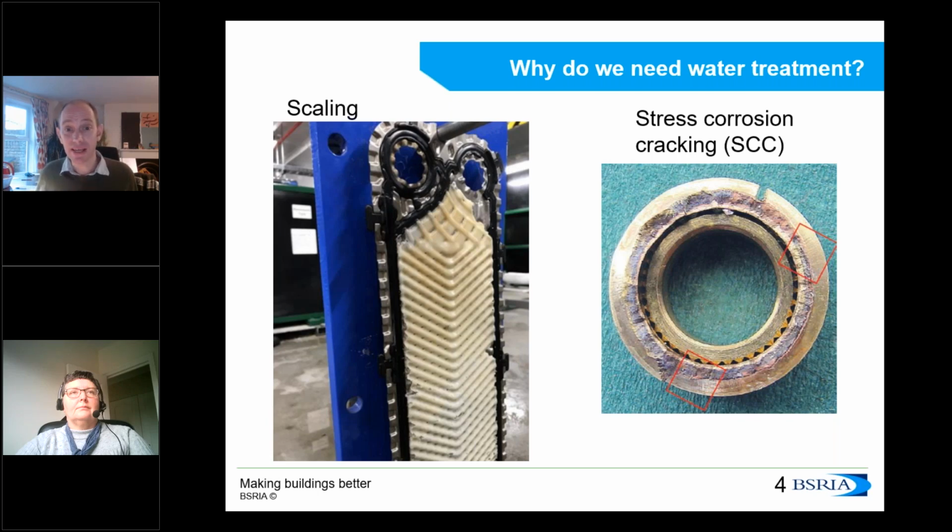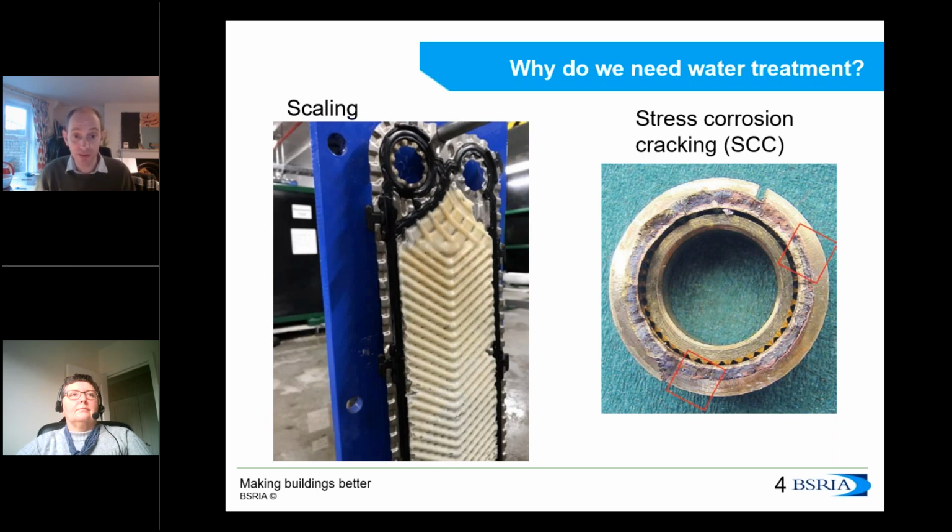Other problems that you can get if you don't get the water treatment right. One of them is scaling. I'll try and explain what's going on in this picture on the left. It might not be immediately obvious. This is a single plate from a plate heat exchanger. So normally in a plate heat exchanger, there's multiple plates stacked up against one another that produce a number of passages between those plates.